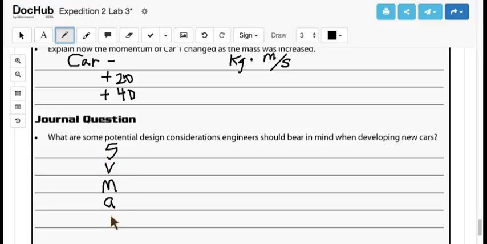And how can you work those into an explanation of what considerations engineers need to be making when they develop new cars, especially being safer in collisions?